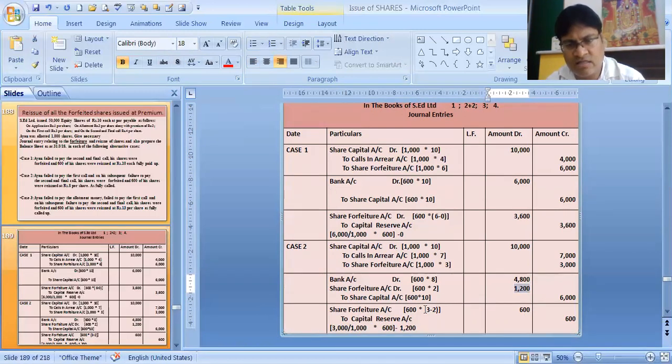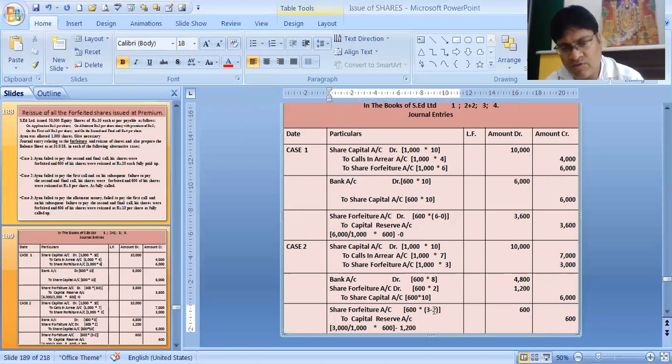See, dear students, you can do it with one more formula of share forfeiture. It is number of shares reissued, 600, into the value which you have received, that is 3 rupees, and the value which you have not received, that is 2 rupees.